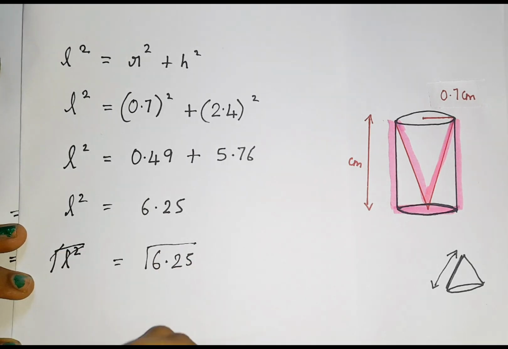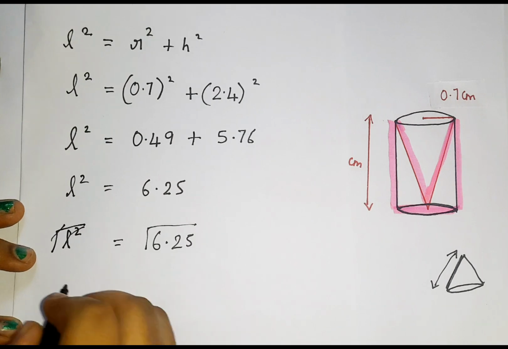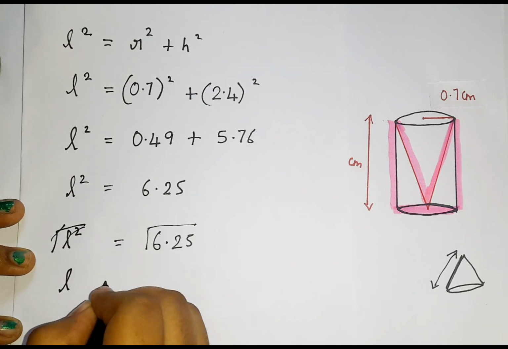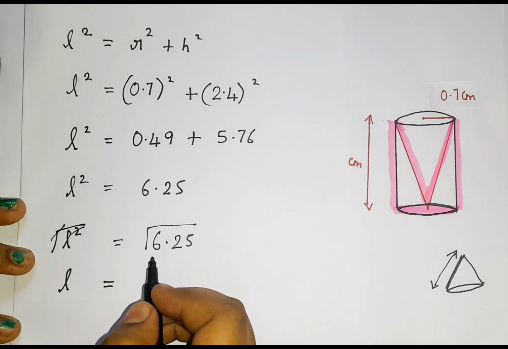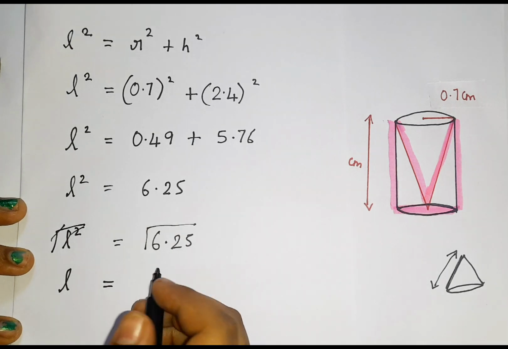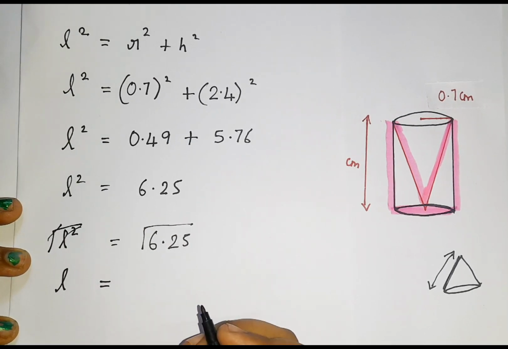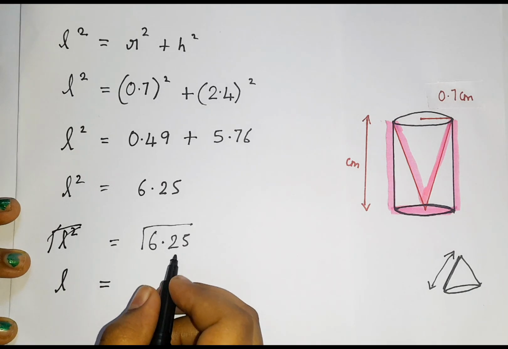So we can actually cancel it, am I right? You guys know that. So now we have l is equal to, what is the root of 6.25? Of course you guys know, 25 into 25 is 625, am I right?